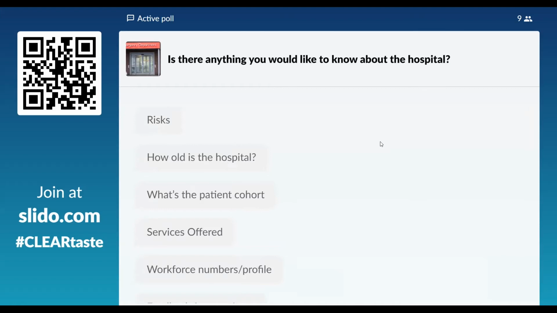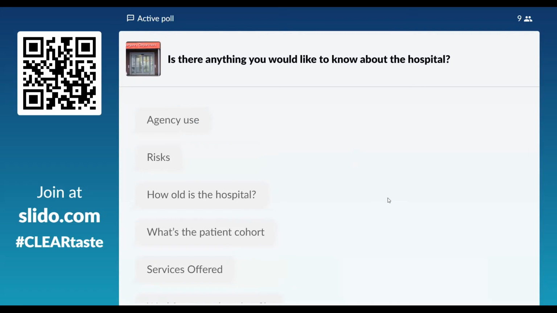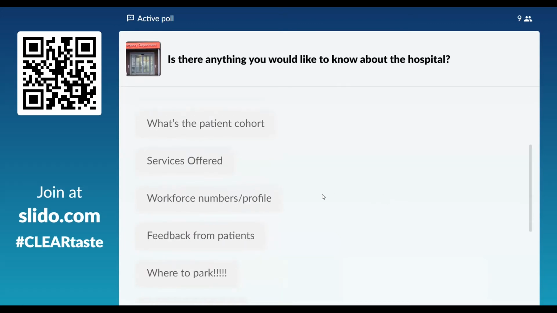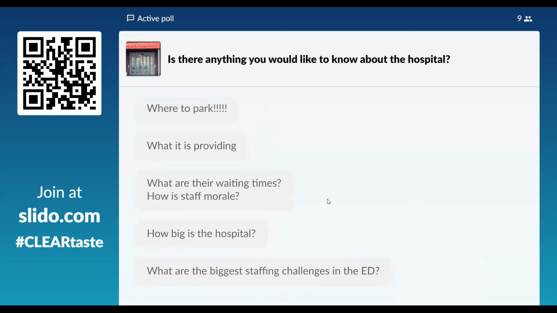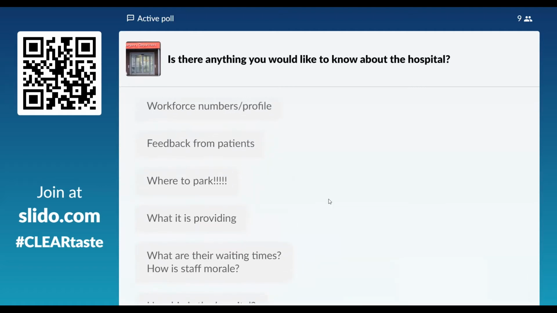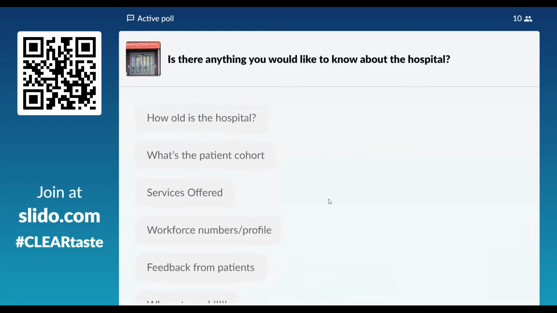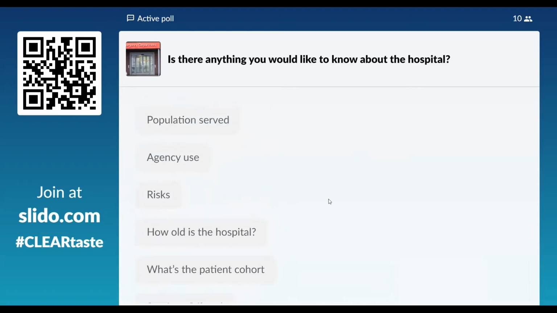Absolutely. Okay, anything else there? You scroll down, agency use, yeah, so thinking about workforce, what the situation is on the ground, what their waiting time is, so things like some of the key performance indicators from the hospital, absolutely.